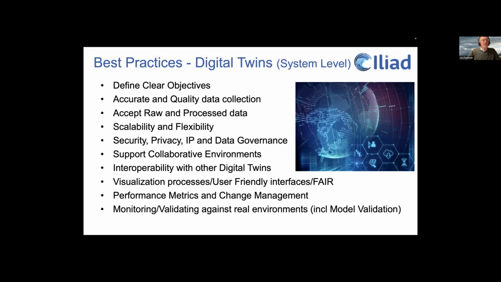What type of resources do we have available? And I can go through the rest of these, but let me emphasize that the digital twin has to deal with raw and processed data and be scalable. As we work with industry and other groups, not the open research environment, we need to deal with privacy, we need to deal with intellectual property and data governance. Security is important overall and needs to be addressed.